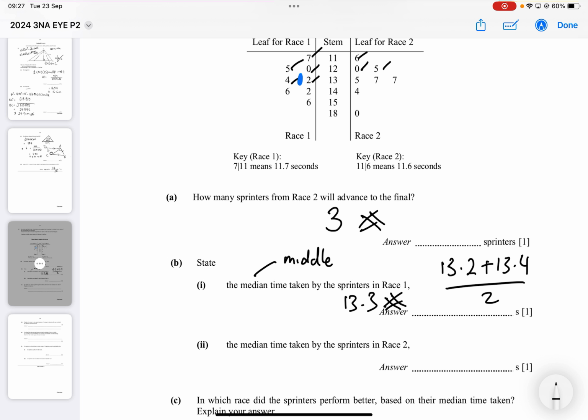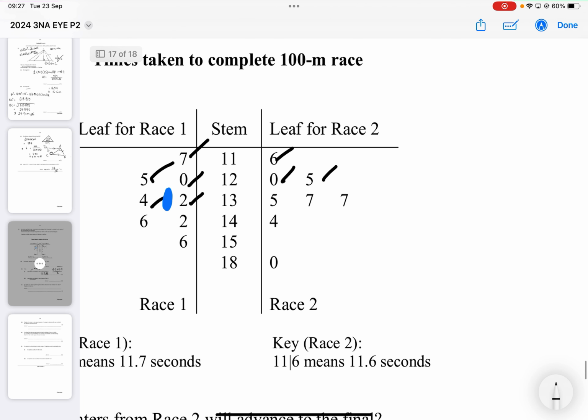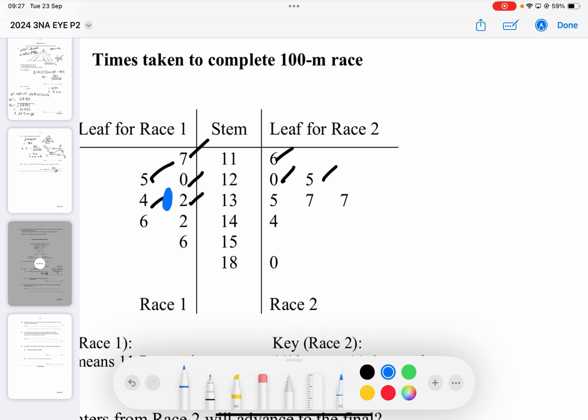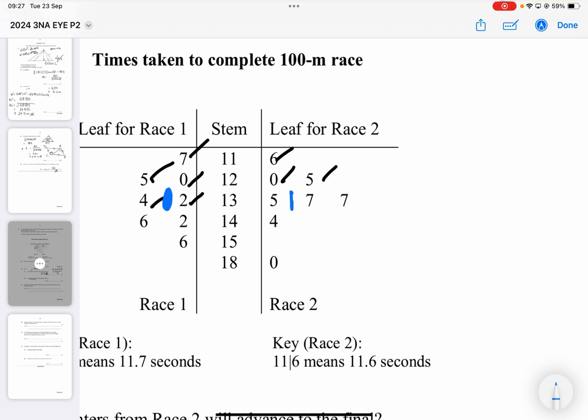Okay? Then we go to the median of race 2. Fastest, second, third, fourth, then the slowest. The middle of the 8 entries is also in between the 4th and the 5th. So the median of race 2 happens here.